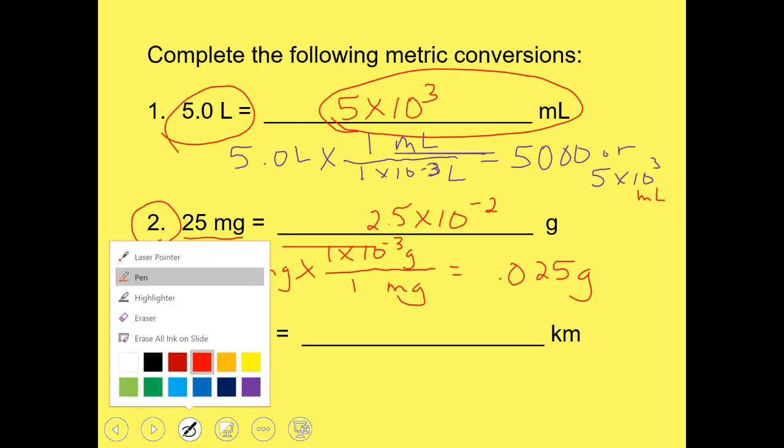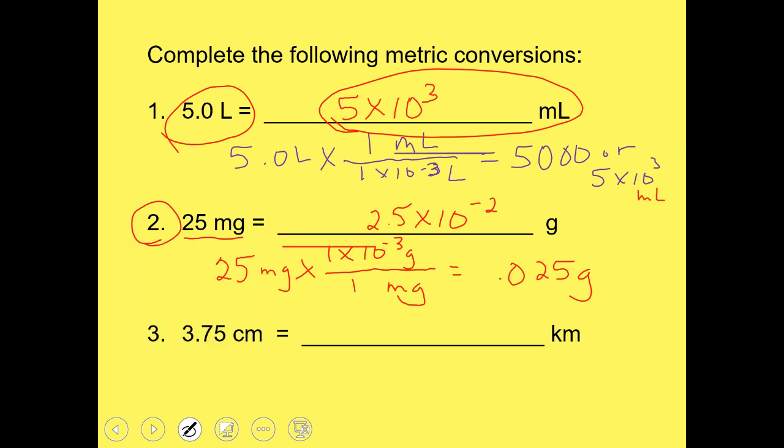Now, the reason I said hold off on number 3 is that you're going to need 2 conversions. You have a number in centimeters and you want to put it in kilometers. First you go from centimeters to meters, and then we know how meters and kilometers are related. Each centimeter is 1 times 10 to the negative 2, or 1/100th of a meter. Each kilometer is 1 times 10 to the third, or 1,000 meters.